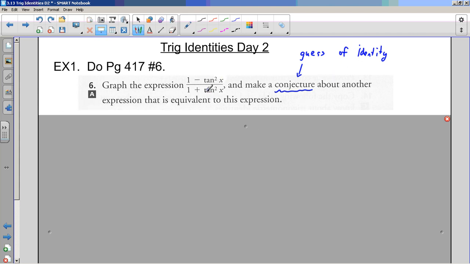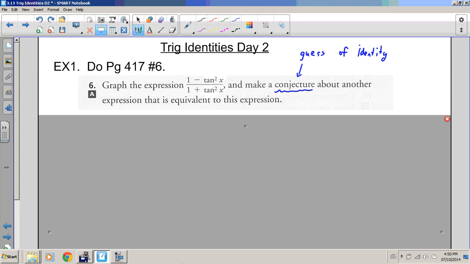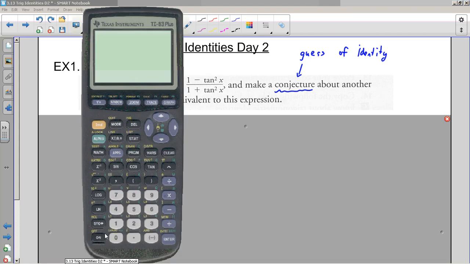So we're going to put this into our graphing calculator. I think you already have a copy of it, but this is good practice, putting stuff into the graphing calculator. Right, want to graph it. So graph 1 plus, now where's tan x. We got to be careful how we graph this. Notice right now, if I put the squared in here, it wouldn't let me put the squared where I think it is.